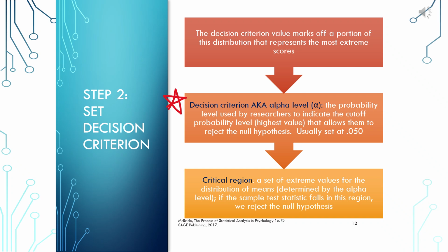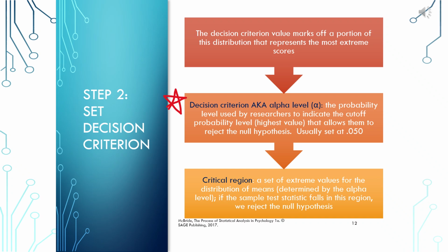This is a probability level used by researchers that sets the cutoff that allows them to reject the null hypothesis, okay? Usually in psychology, we set this to 0.05, and that helps us demarcate on the null distribution, the comparison distribution, a critical region.